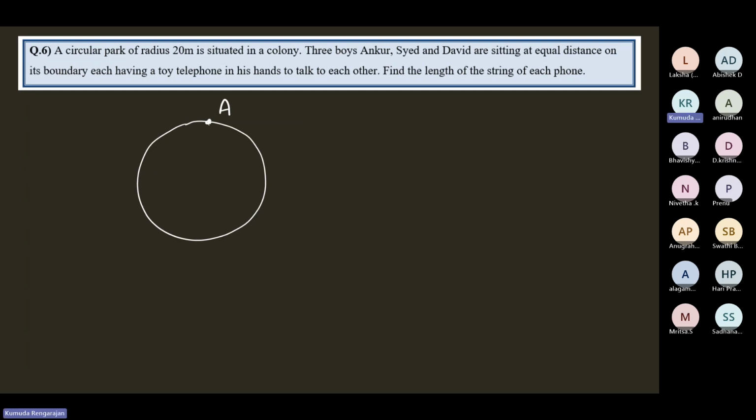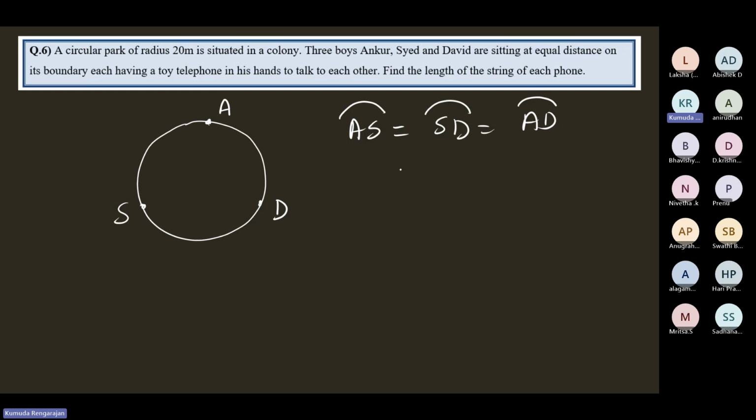So that means when you mark the points A, S and D, the length of the arc AS is equal to the length of the arc SD is equal to the length of the arc AD. Like we say, 3 sides are equal. No, here the 3 arcs are equal in length because the boys are sitting at equal distance on its boundary.